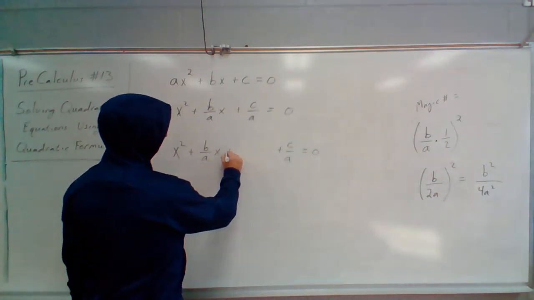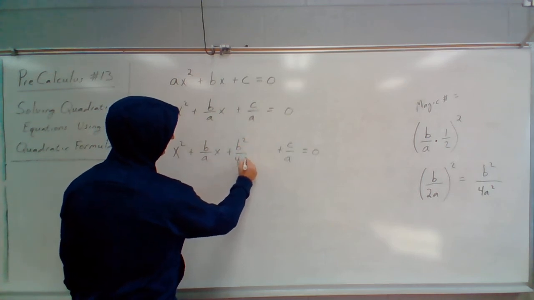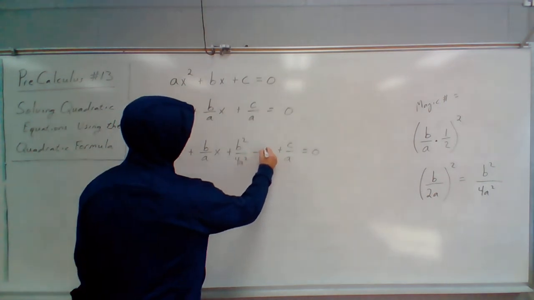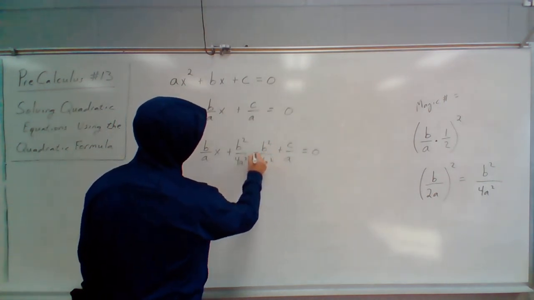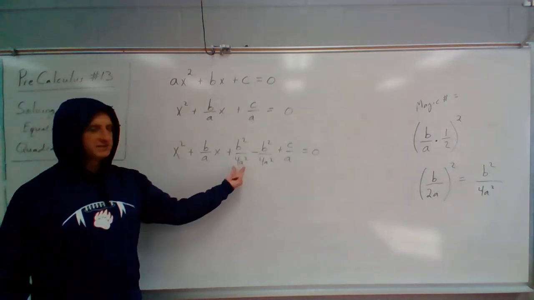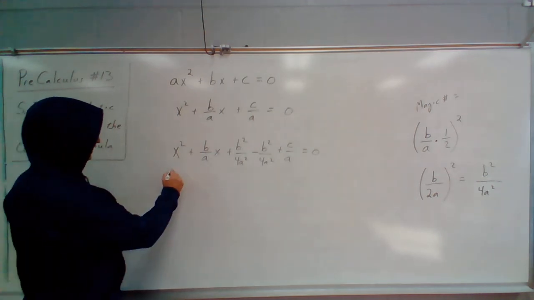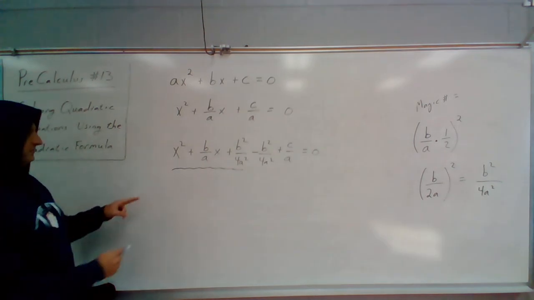So I'm going to add b squared over 4a squared, and I'm going to subtract b squared over 4a squared. Okay, so I didn't really change anything. I added the number in, took it right back away. But now these first 3 terms will factor.